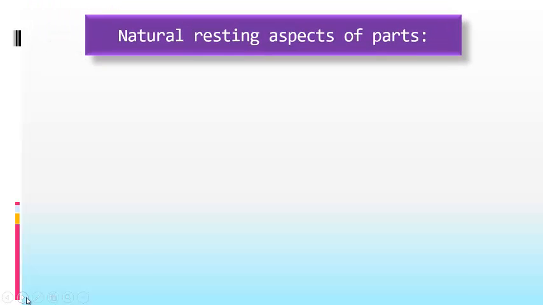Now, I want to talk about something new, which is called the natural resting aspects of parts. The geometry of a part shows the number of faces which the part can rest on. Say for a disc, a piece of coin, it has only 2 faces, and it can rest on those 2 faces.